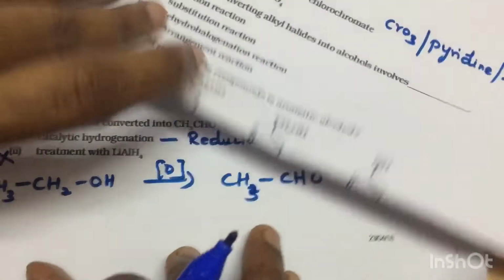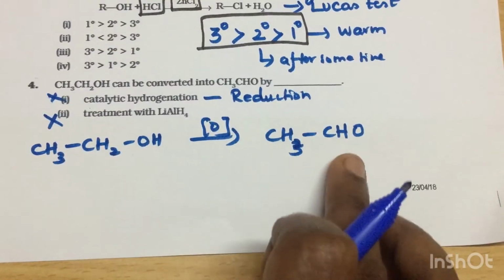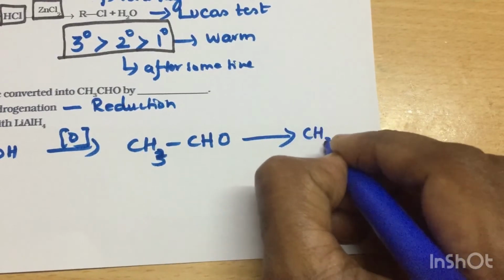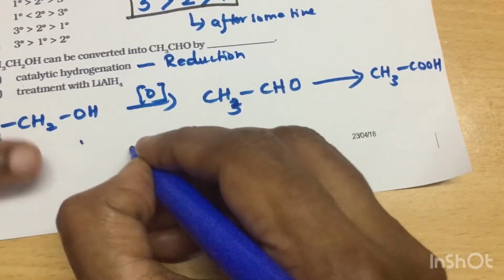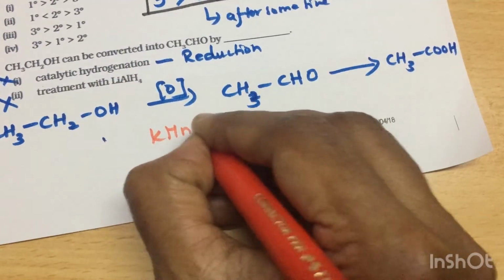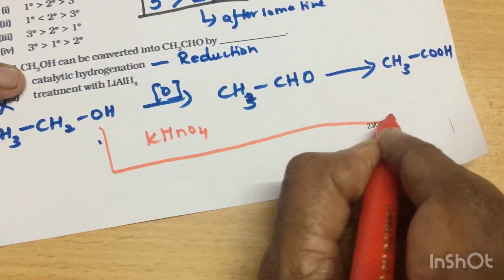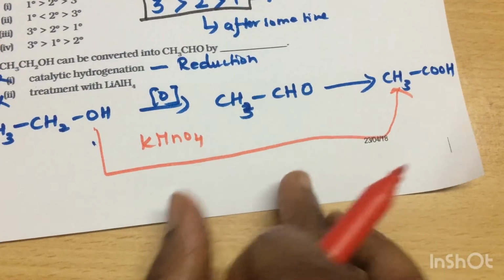The reason is, see, always when you start with alcohol, it will not end. See, this is the reaction. KMnO4 is a very powerful, very strong oxidizing agent. If you use that, it will not end with this. Your aldehyde is an intermediate kind of thing.